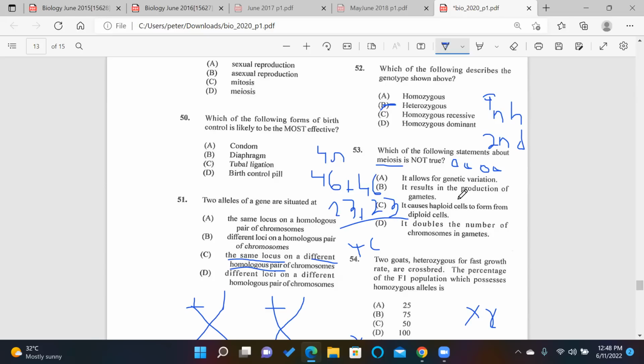Meiosis, yeah, but what in meiosis allows for genetic variation? Not mutation. There's a specific process that occurs. Crossing over. You guys know about crossing over? What stage does it occur at?